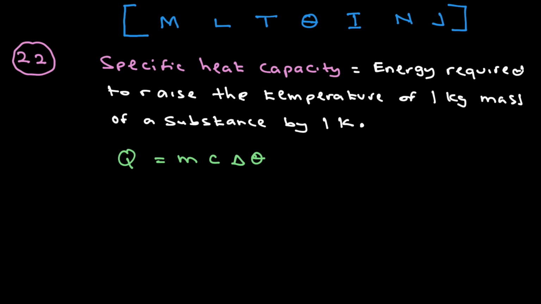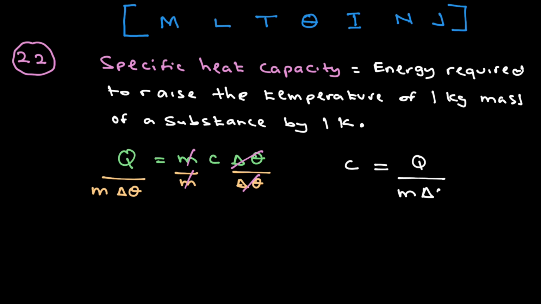To find specific heat capacity, I need to divide the left hand side by both mass and change in temperature. Why did I do that? Because the mass will cancel mass, change in temperature will cancel change in temperature, and therefore I'm going to be left with C, and that equals Q, the energy, over mass times change in temperature.